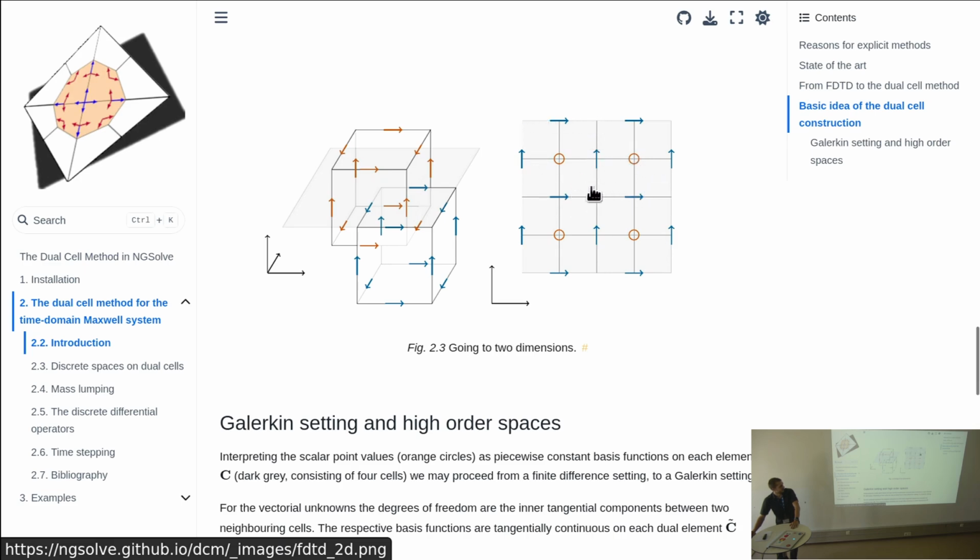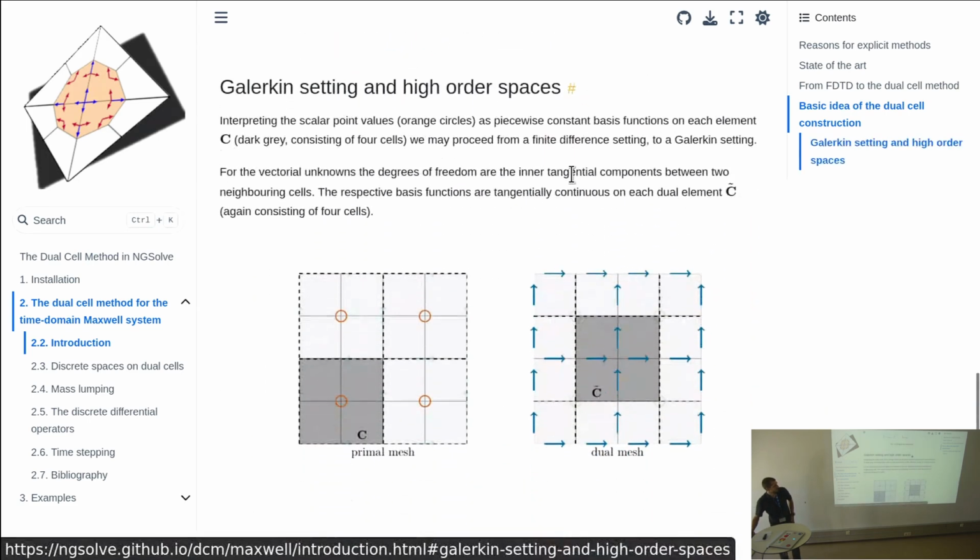and the same here. And so if we fiddle around a bit with unknowns and add some more for the vectorial ones, we can do something similar to having these four cells composed into one larger cell for the vectorial unknown.